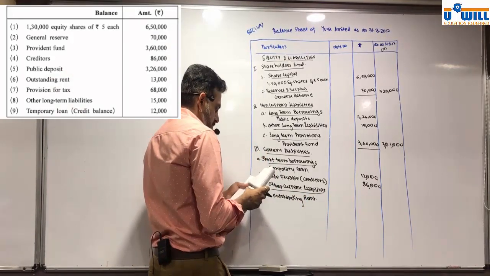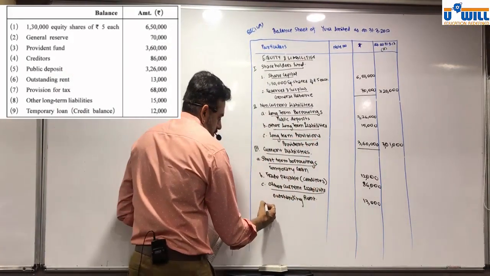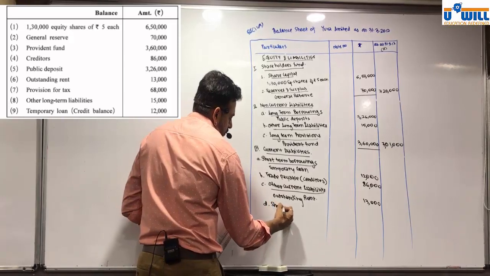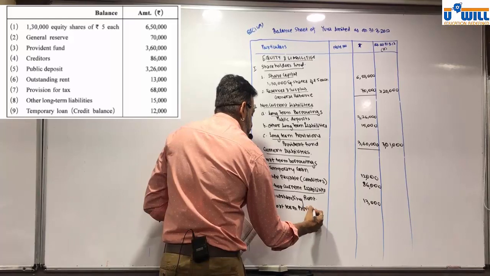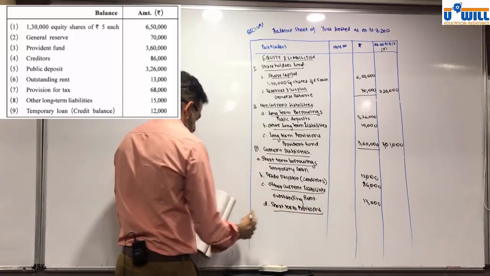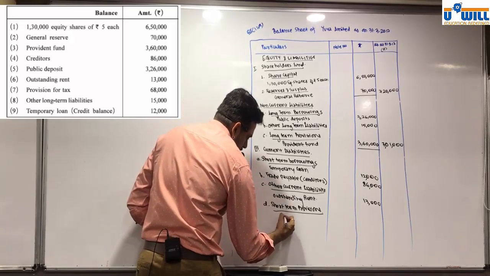Amount is 13,000. And then short-term provisions. Provision for tax, 68,000.